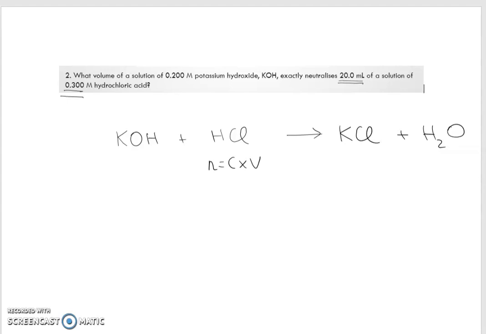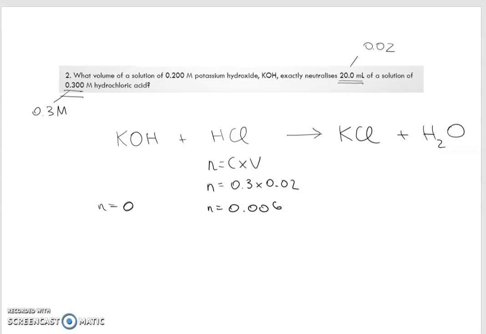So we've got our volume here, and we express that in litres, and we've got our concentration here, so we can plug those two values into this equation here to find out my moles. So 0.3 times 0.02 is going to give me 0.006.